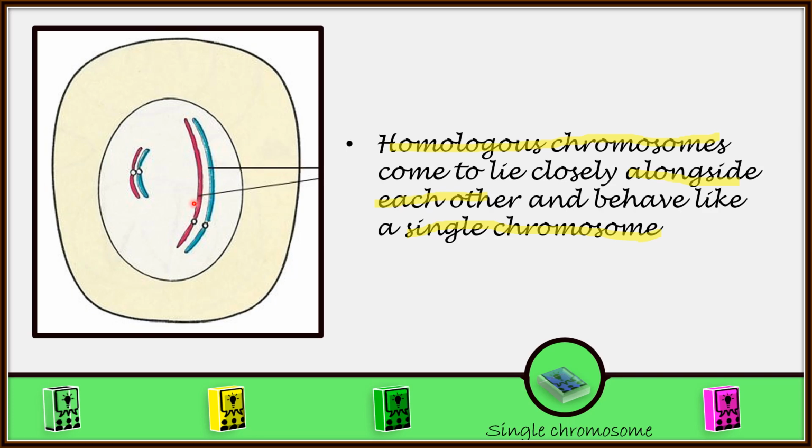The two of them moving together is what we are calling the homologous chromosome, moving as if it is a single chromosome. Then even these ones will lie alongside each other, and we shall refer to them as homologous chromosome.